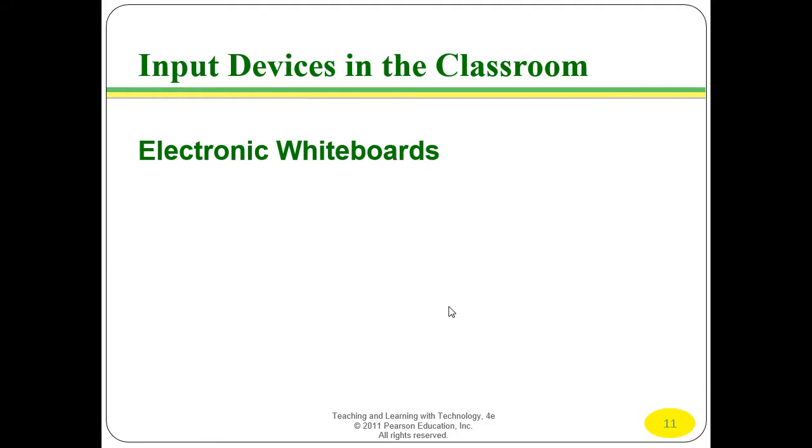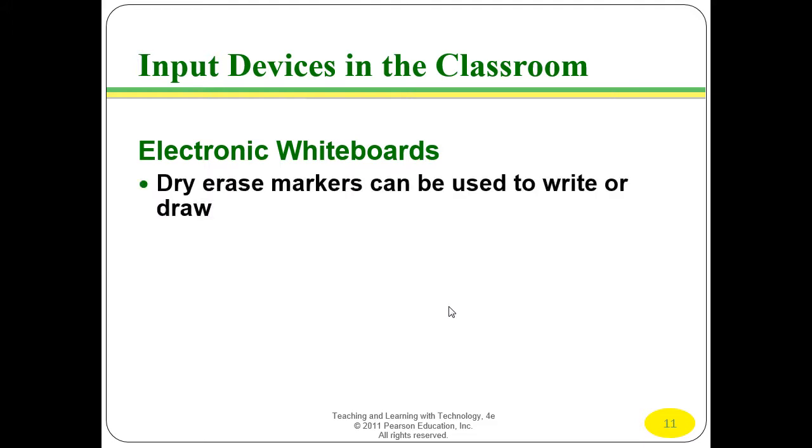Now, here's one of my favorite things that I've really enjoyed at work, and that's electronic whiteboards. They're basically dry erase boards that have electronic components that pick up on the writing, and so you really don't need the dry erase markers.